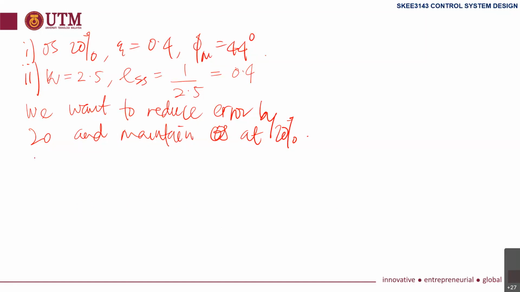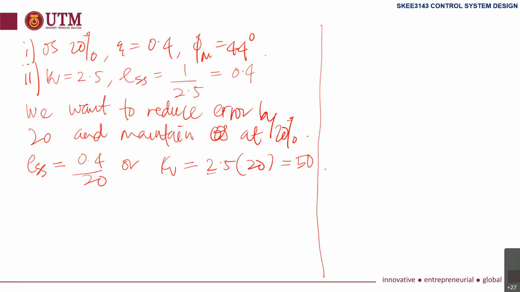That means the error must be 0.4 over 20. We want to reduce further. Or Kv becomes 2.5 multiplied by 20, Kv equal to 50. That is what we want.